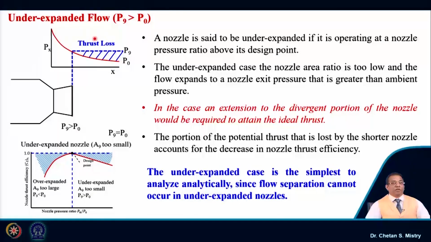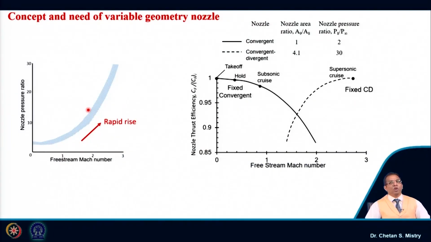This much amount of thrust we will be losing. To avoid that situation, we need to incorporate additional length so that we have efficient expansion inside the nozzle. This kind of trouble is not serious and can be analyzed correctly, but in this scenario we have the issue of thrust loss.